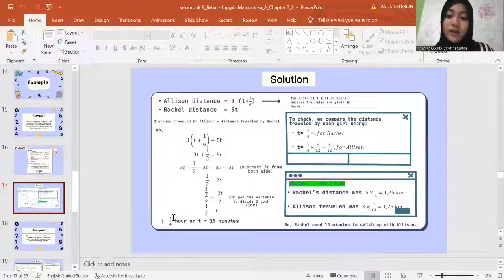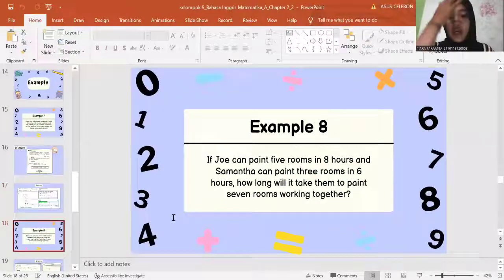So Rahel's distance was 1.25 kilometers and Allison's 1.25 kilometers. So Rahel needs 15 minutes to catch up with Allison.